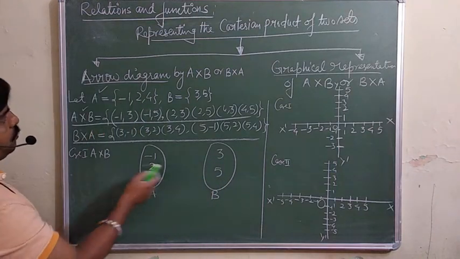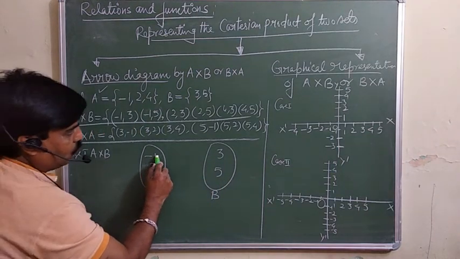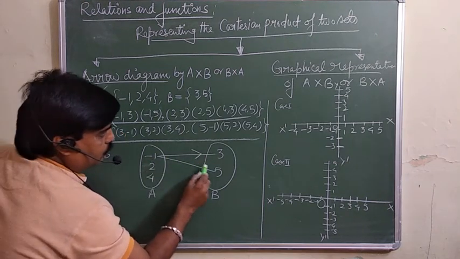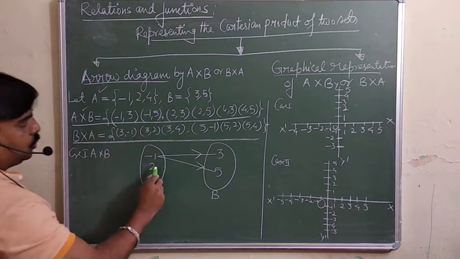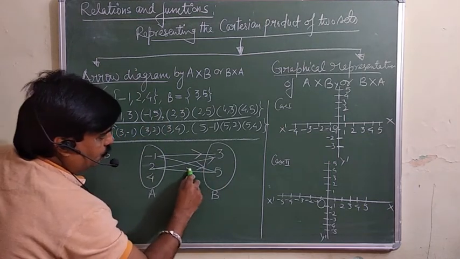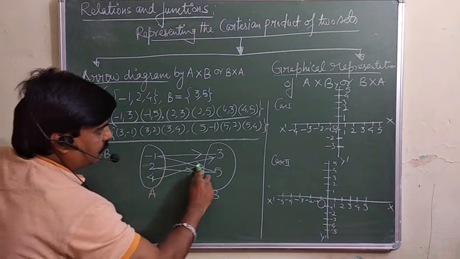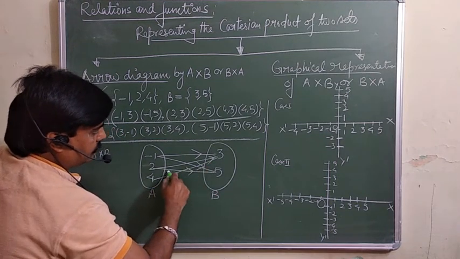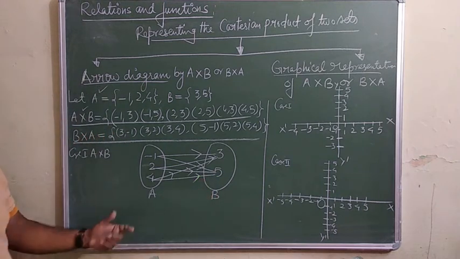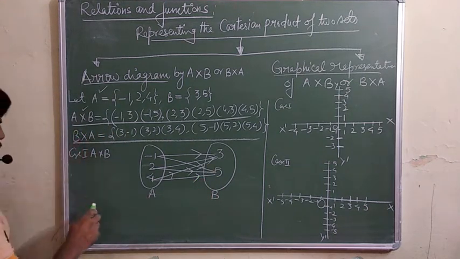If we are doing A cross B, then -1 goes with 3 as well as 5. Similarly 2 with 3, 2 with 5, and 4 with 3 and 4 with 5. This is your A cross B. Suppose you want to represent B cross A.